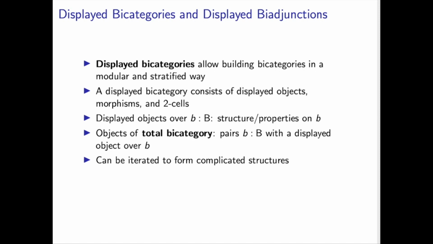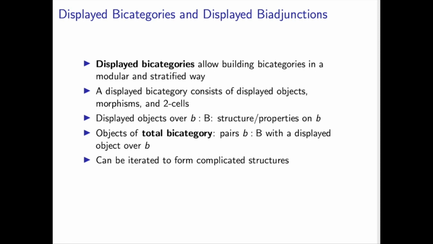The reason why displayed bicategories are nice is that we can iterate them to form more complicated structures with more intricate dependencies. An example of such complicated structures are the algebras we are interested in. So we define a displayed bicategory over one types, of which the displayed objects represent the point constructor. Second, we take the total bicategory of this one, and on that total bicategory we define another displayed bicategory.